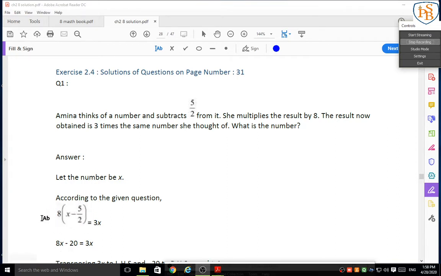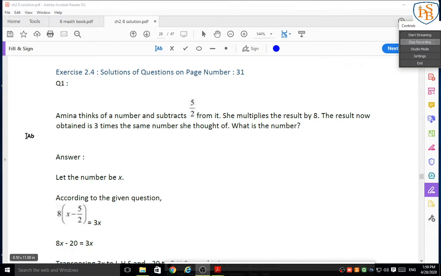Okay, this is my left hand side of the equation. The result now obtained is 3 times the same number she thought of. That means I have to put an equal to sign, and 3 times means 3 multiplied by the same number, that means 3x.